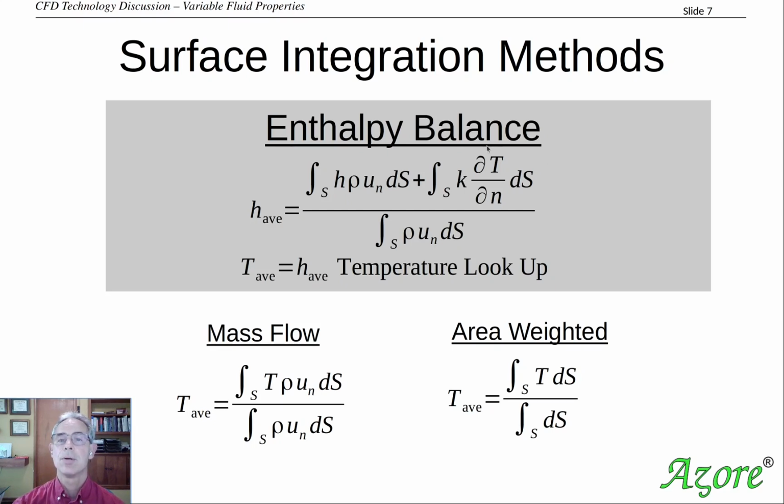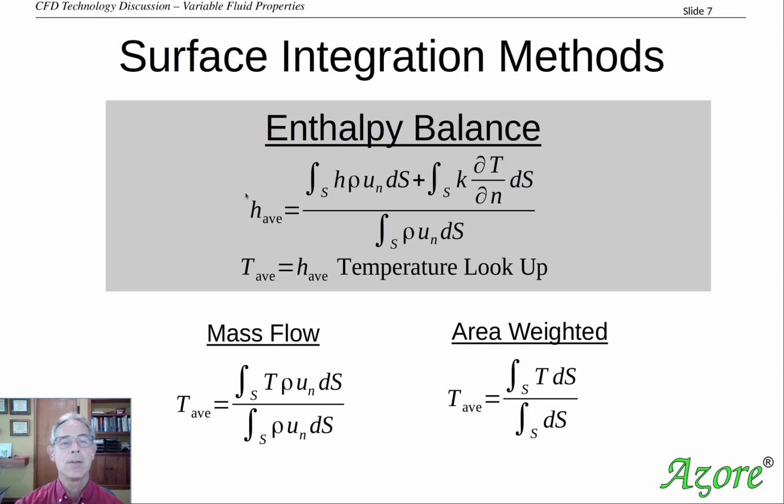And that's what this term right here represents, where we have the temperature gradient normal to the surface times K, which is the effective thermal conductivity, times the surface area. And that gives us your total energy flux through that surface, and then we divide it by the mass flow through that surface, and that gives us an average enthalpy value. So this is very similar to the handbook calculations we've done in the past.